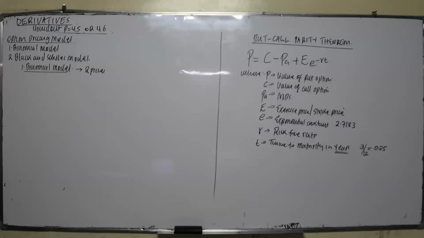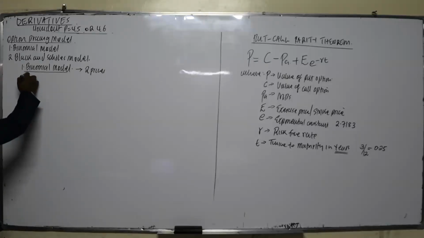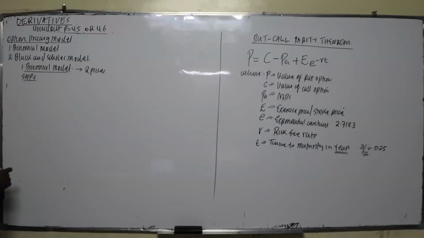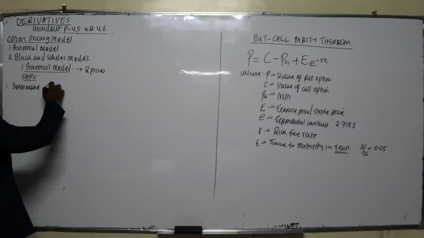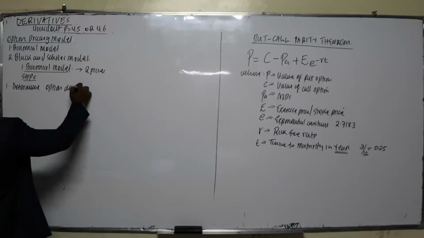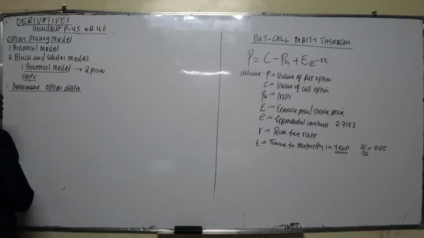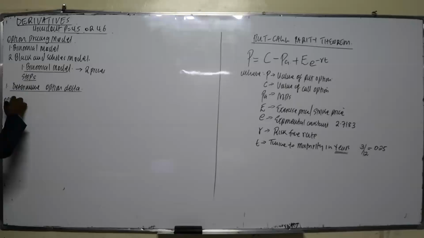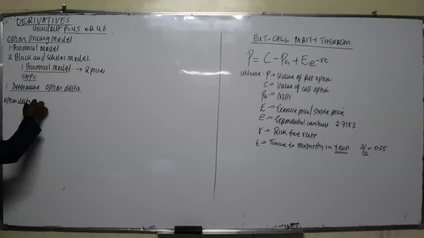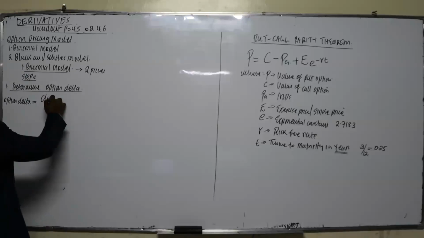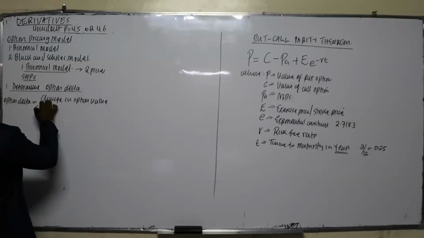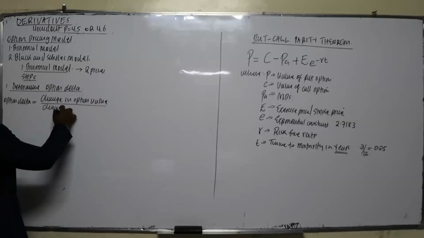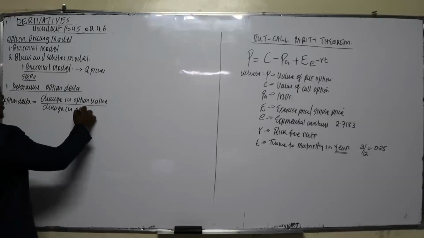And how do we evaluate the value of the option using the binomial model? We have some steps followed. Number one, you need to determine the option delta. How do you determine the option delta? To get the option delta, you take the change in option value, you divide by the change in share prices.